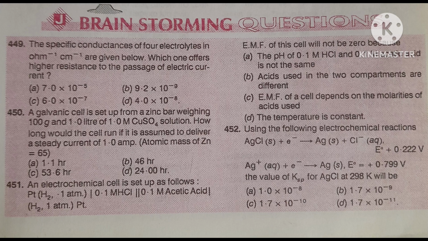First option, 1.0 into 10 to the power minus 8. Second option, 1.7 into 10 to the power minus 9. Third option, 1.7 into 10 to the power minus 10. Fourth option, 1.7 into 10 to the power minus 11. Just think about it seriously, correct?